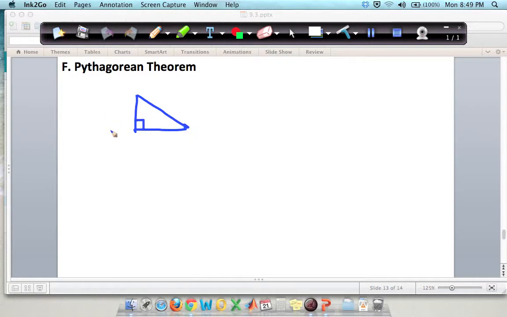The two sides on either side of this right angle are A and B, and then the side opposite the right angle is C, and this is really important, that C has to be that longest side opposite the right angle. The Pythagorean theorem says that A squared plus B squared equals C squared. So it doesn't matter which one is A and B, but it does matter which one's C. Okay, so let's use this.